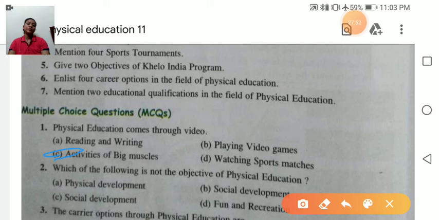The objectives of physical education are physical development, social development, emotional development, and psychological development. Fun and recreation is not an objective of physical education.